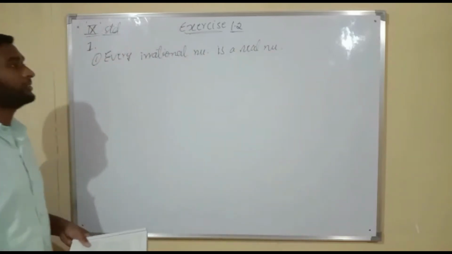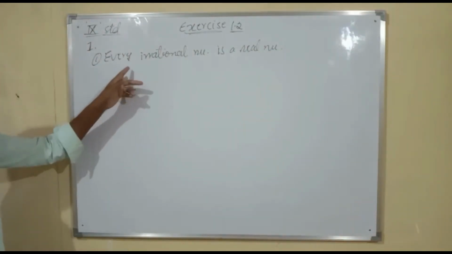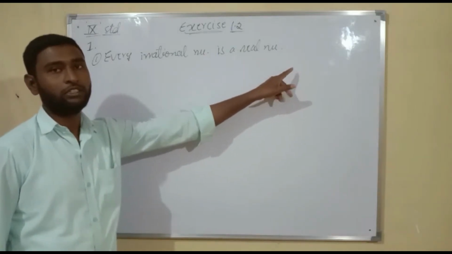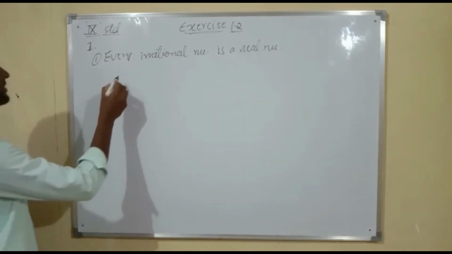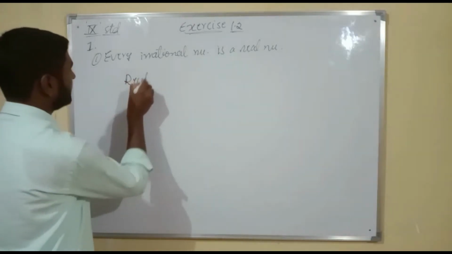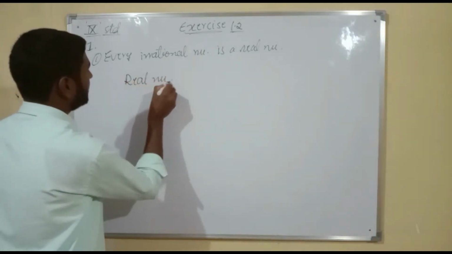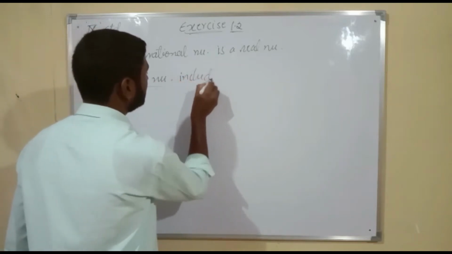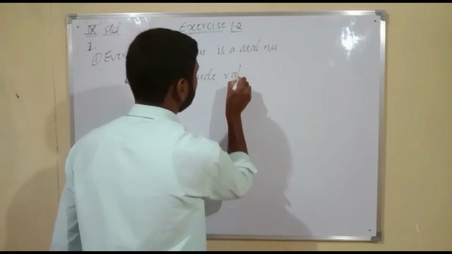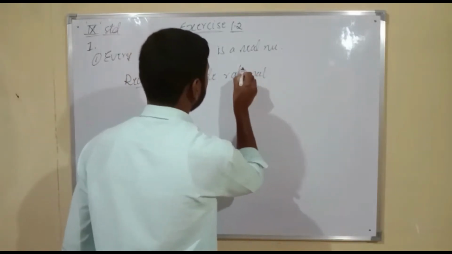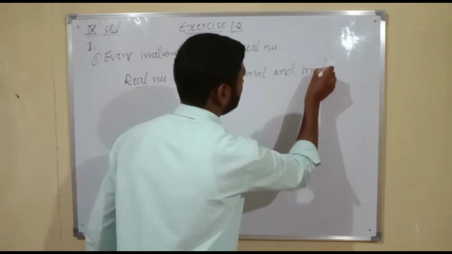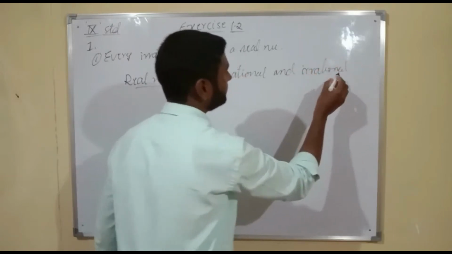Look at the statement: every irrational number is a real number. We know what a real number is. Real numbers include rational and irrational numbers.